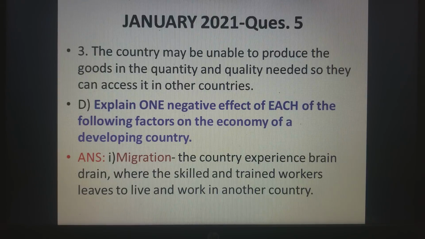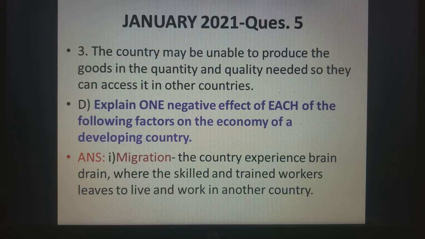All right, so D, explain. This is the last part of 2021. Explain one negative effect of each of the following factors on the economy of a developing country. Negative impact of these. Migration. The country experiences brain drain, and we know what brain drain is.